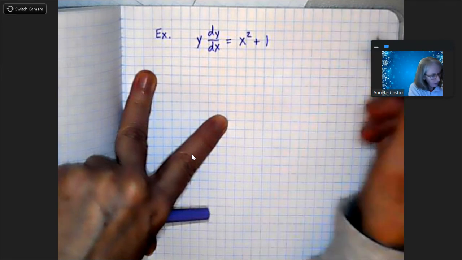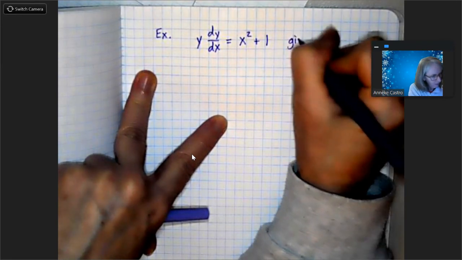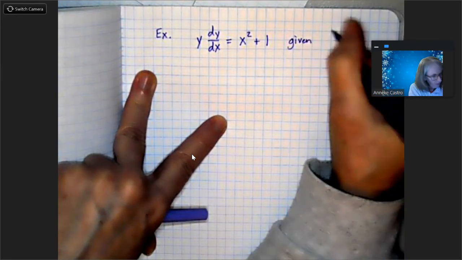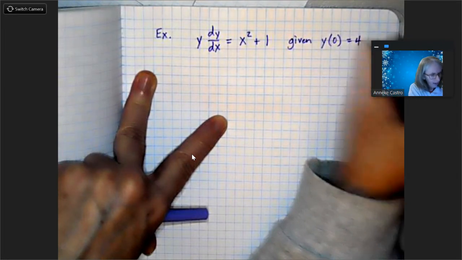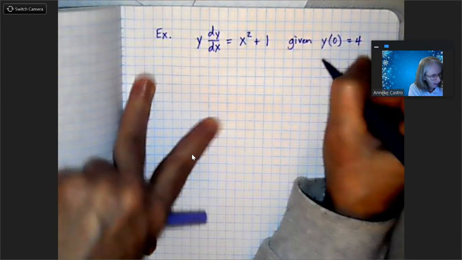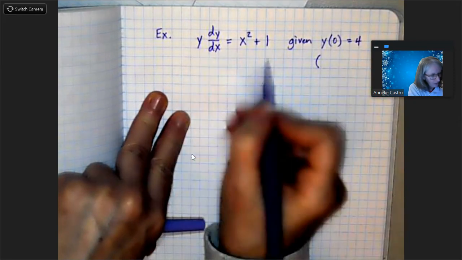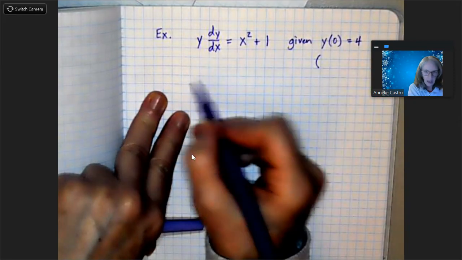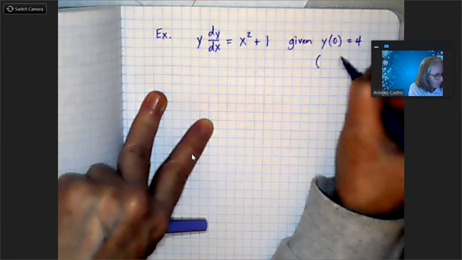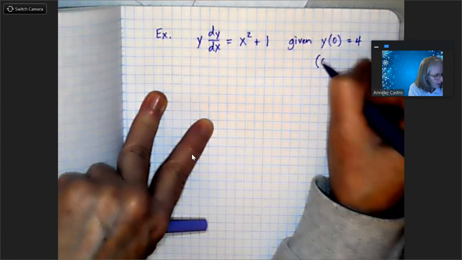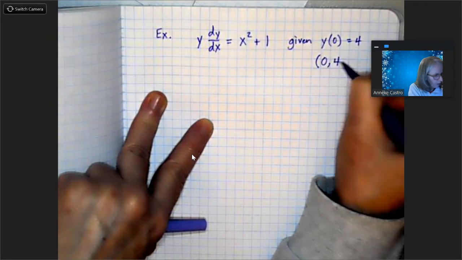And we are going to be given y of 0 is equal to 4. Another way of saying that is that there is a point on this function. We're going to be solving for the function y, eventually getting this to say y equals. And we know that there is some point where, when x is 0, y is 4.